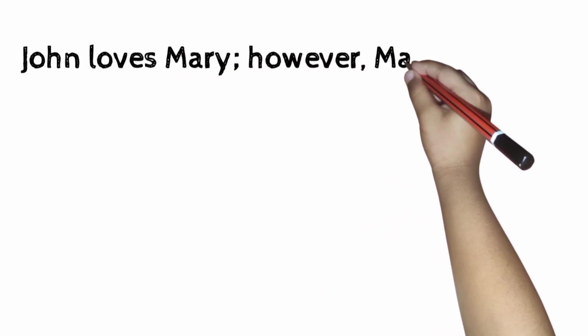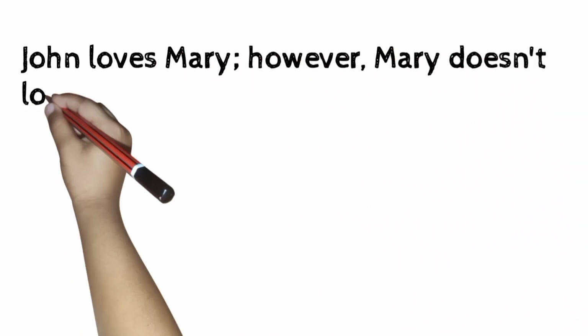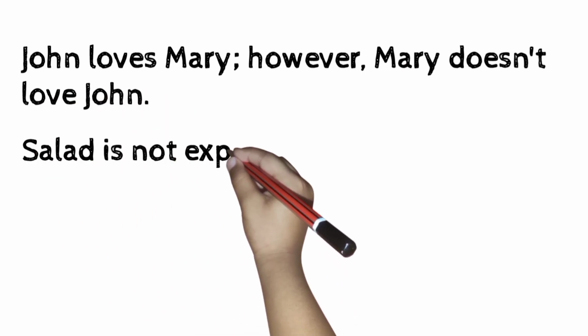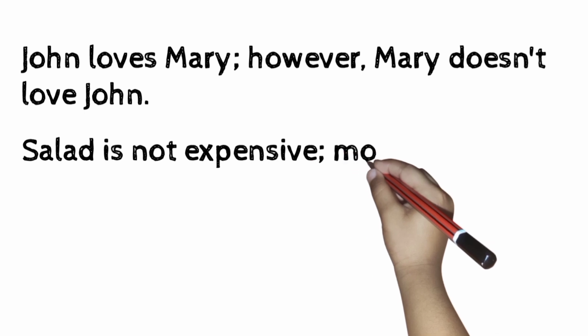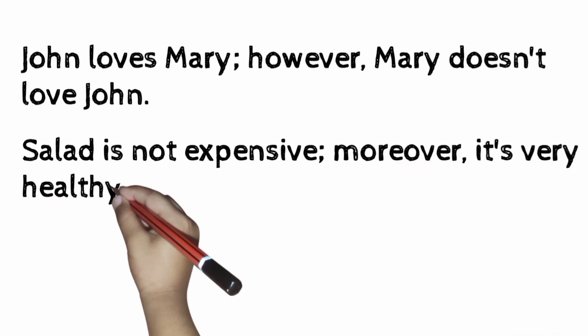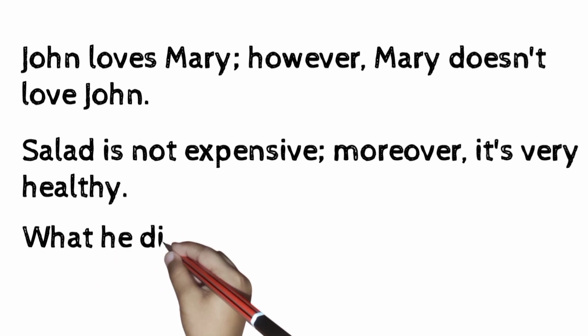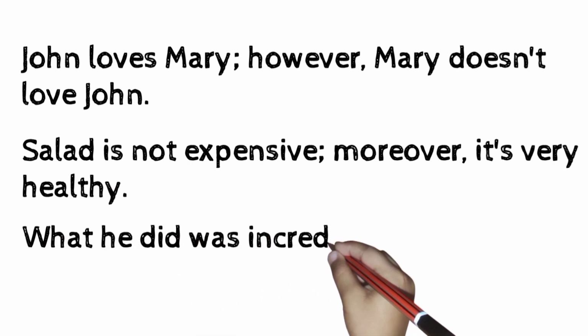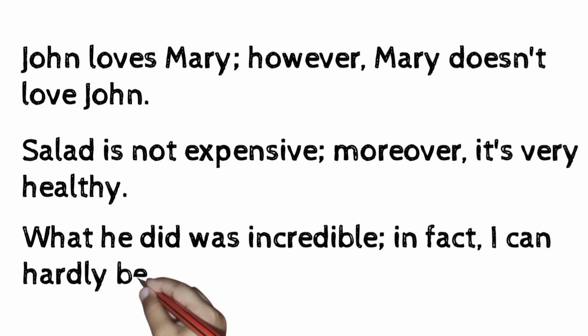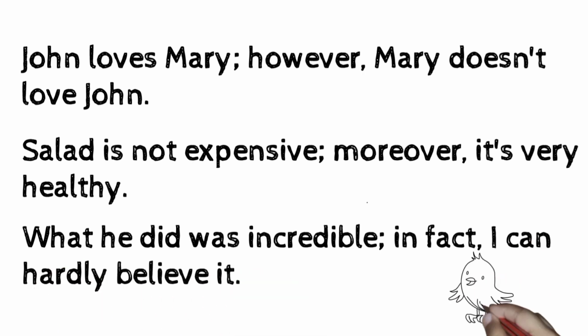For example, here we see "John loves Mary; however, Mary doesn't love John." So John loves Mary, semicolon, and then we use the conjunctive adverb however, followed by a comma. So this is a rule we have to remember: a semicolon before and a comma later.